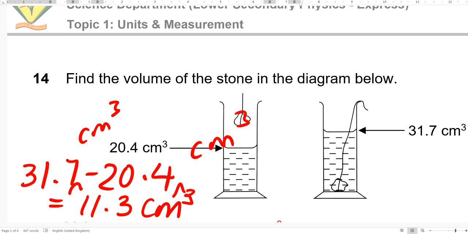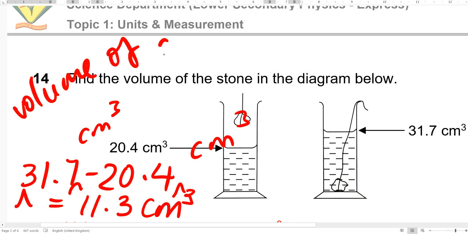Who thinks we can still improve on it? Any suggestion? Oh, you mean you want to write down a statement over here, volume of stone equals to, is it?